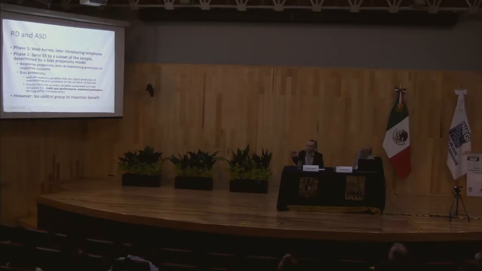You can think of a response propensity as something where you're trying to maximize the prediction of whether a case will become an interview or it won't. In that model, you can think of it as a kitchen sink approach. Anything that's correlated with non-response, you throw in there. The downside is that the biggest predictors of non-response are paradata variables that are almost endogenous to the non-response process.